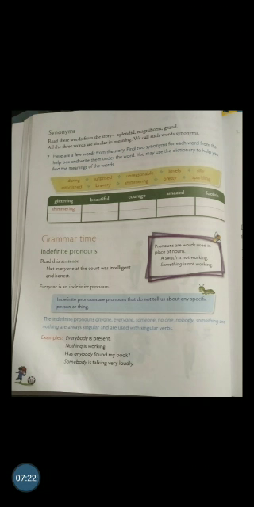Now grammar time. Grammar time is indefinite pronouns. So let us do this grammar time in the next class.